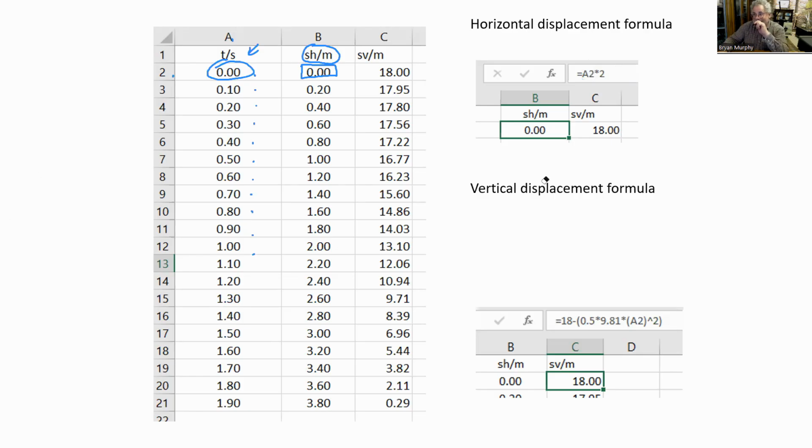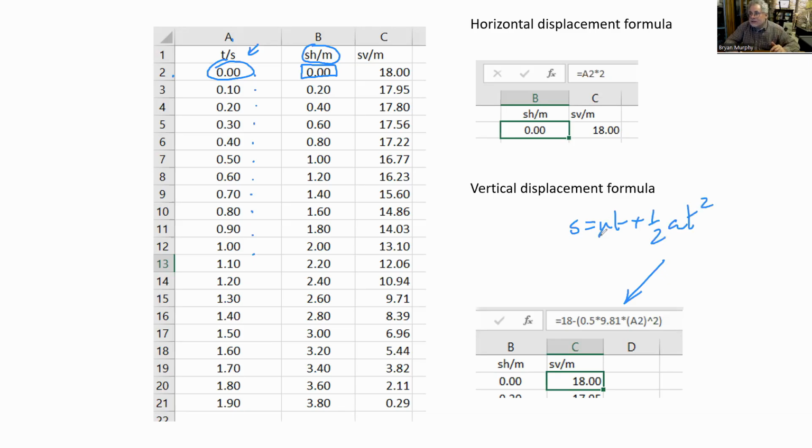Now, let me go back. I'll show you my spreadsheet. The tricky one is the vertical displacement. The vertical displacement is starting at 18. So I'm starting 18 meters high, minus, because it's going downwards, the displacement, which I calculate from the formula S equals ut plus a half at squared.